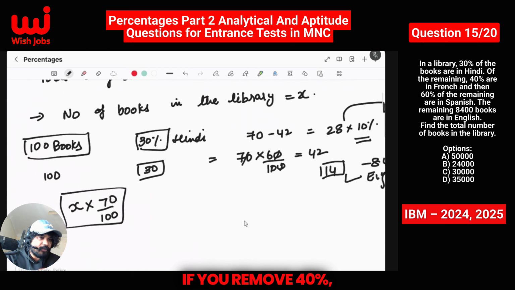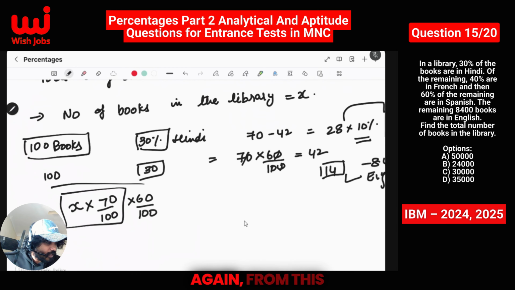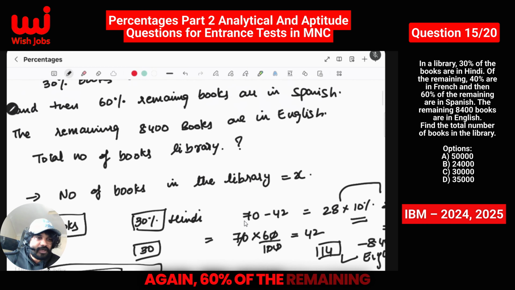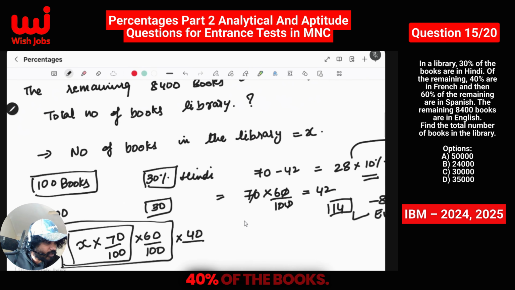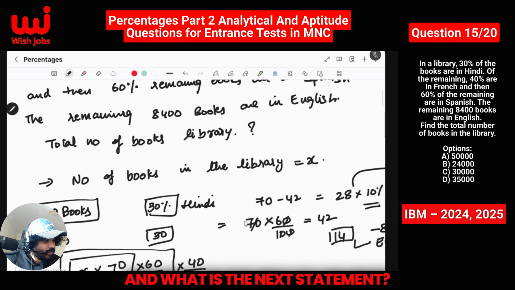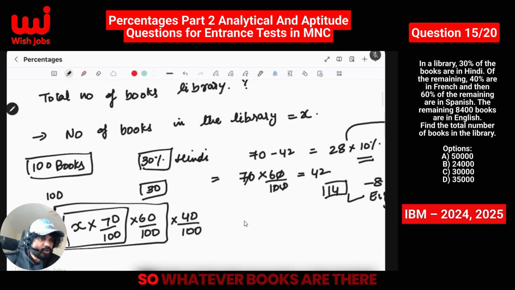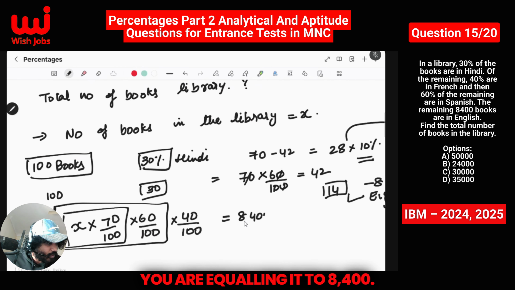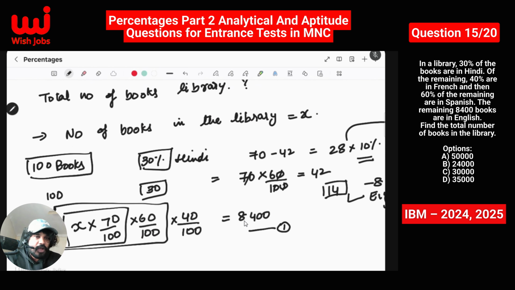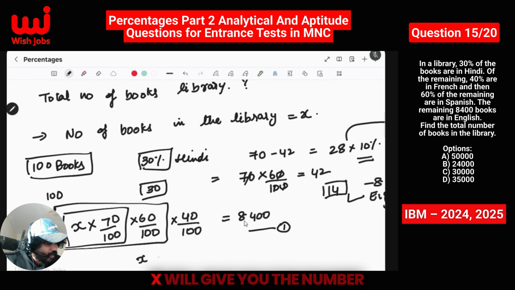If you remove 40%, the leftover is 60% of the books. From these books, 60% of the remaining books are in Spanish. That means if you remove 60%, you only have 40% of the books. And what is the next statement? The remaining equals 8,400. Whatever books are there right now, you equate to 8,400. So this is the equation. From here, we need to find X. X will give you the number of books in the library.